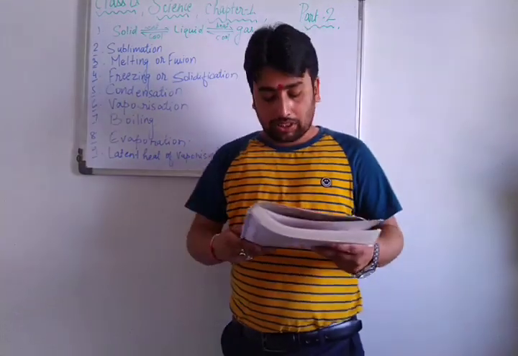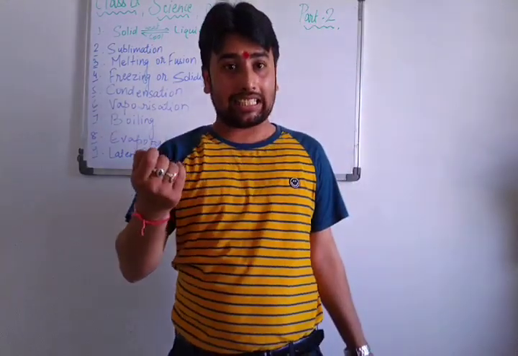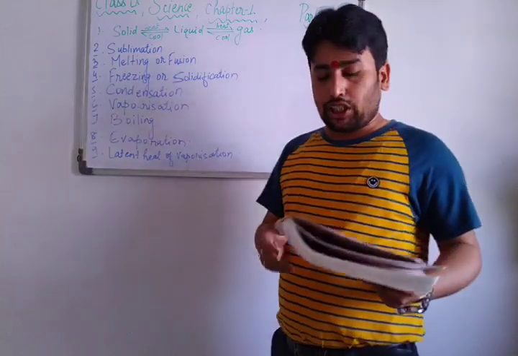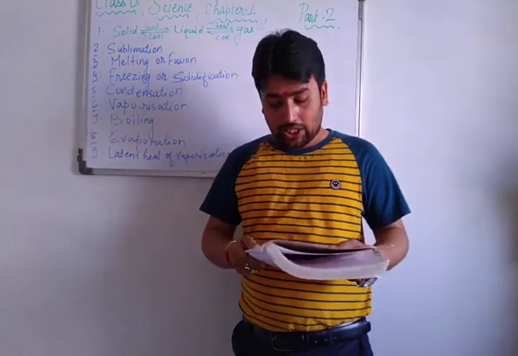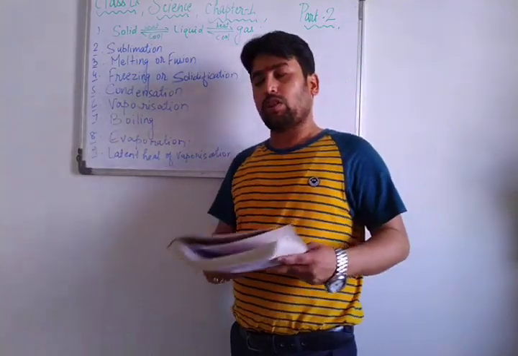The next point is latent heat of vaporization. What is latent heat? Latent means hidden heat. Latent heat of vaporization is the heat energy required to change 1 kg of liquid to gas at atmospheric pressure at its boiling point.